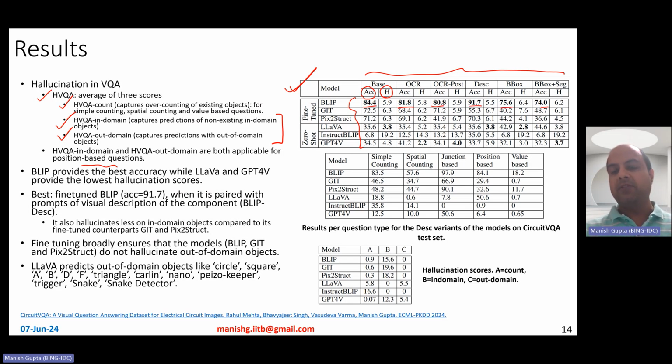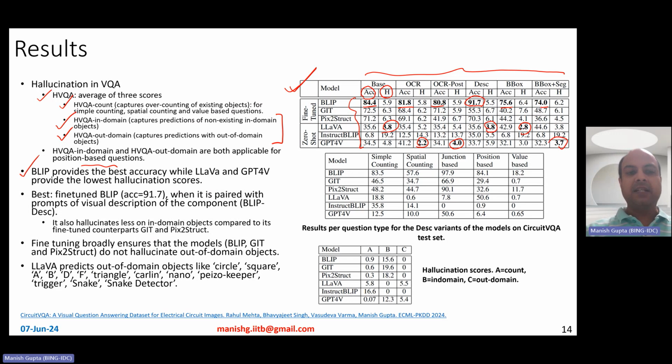BLIP performs specifically well on the description kind of method, where you also pass on the description of the electronic components with the input. So BLIP provides the best accuracy, while LLaVA and GPT-4V typically provide the least hallucination scores.